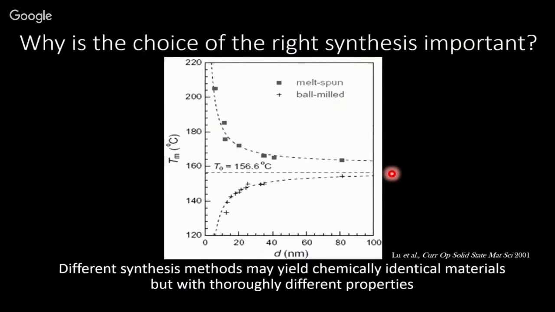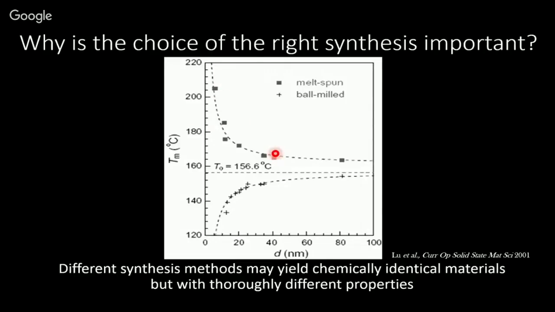This is another thing that I want to tell you. Before we proceed to elaborating these methods in more detail, I showed this graph earlier, and it's a good answer to the question you might have: why do we need to pick the right synthesis method? Because the properties of materials, especially nanomaterials, are going to be strikingly dependent on the method of synthesis.